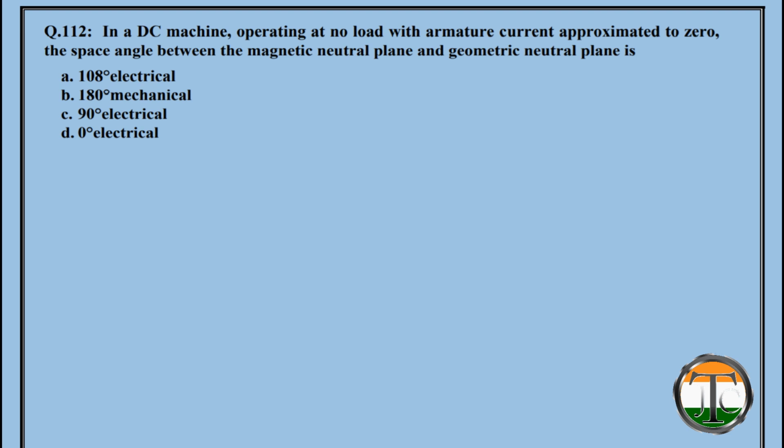When the armature current is 0, the angle between the magnetic neutral axis and the geometrical neutral axis, MNA and GNA, will be 0 in the no load case. So option D is the right answer, that is 0 degree electrical.